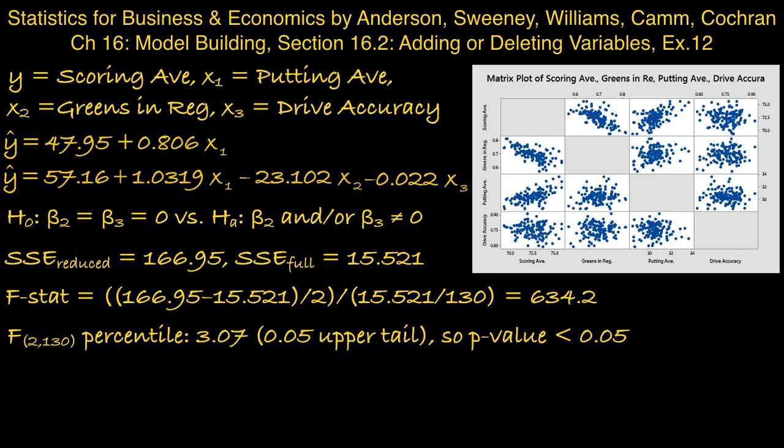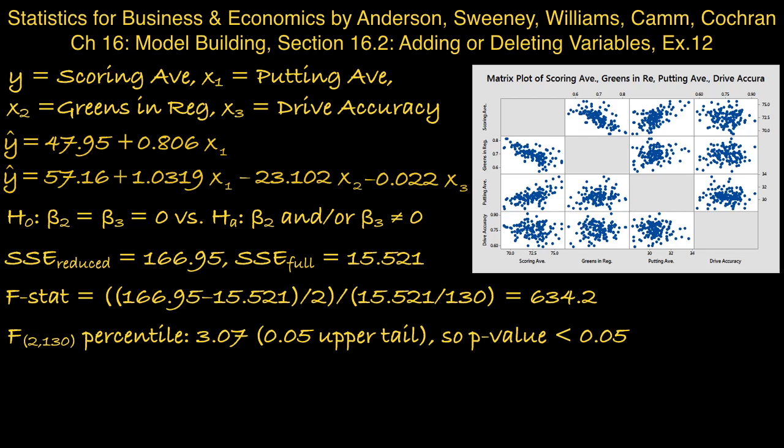That's the value for an F distribution with 2 numerator degrees of freedom and 130 denominator degrees of freedom that would have 0.05 in the upper tail, and using Minitab to find that number, we find that it is 3.07.